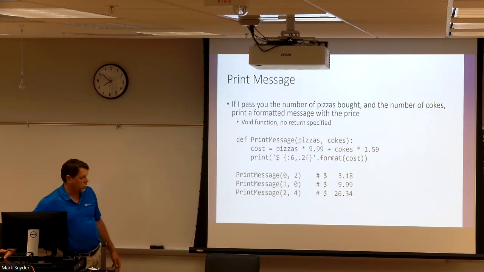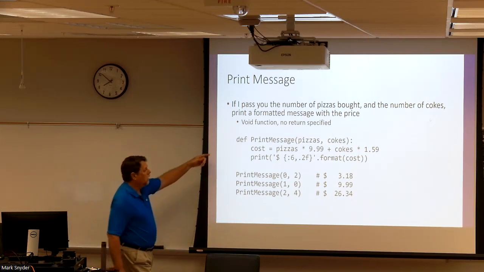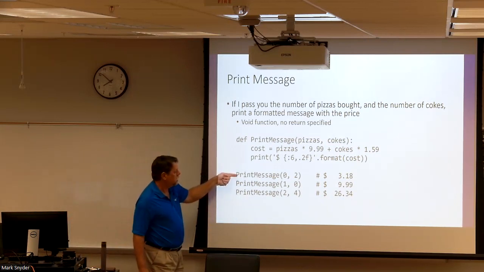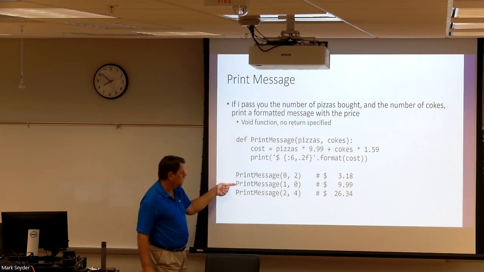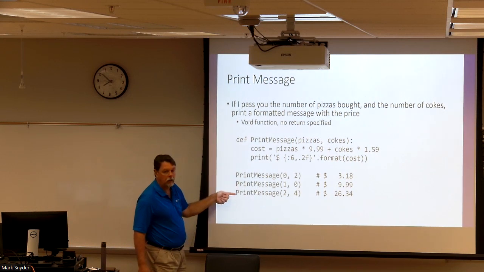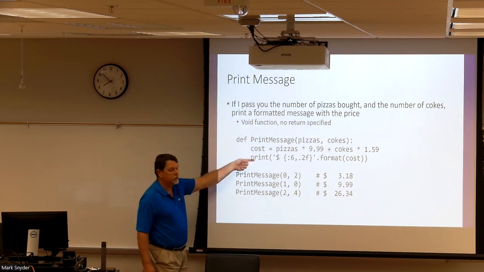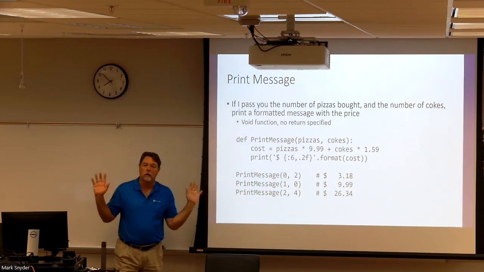I get $26.34. Easy cheesy, right? The only thing I'm demonstrating here is code comes down here, it jumps up, it executes these 2 lines of code, comes back. Executes this, jumps up here, executes these 2 lines of code, comes back. Jumps up again, executes these 2 lines of code, and comes back. Boom, function calls.